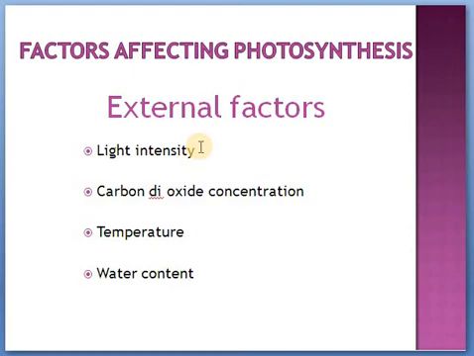Indirectly, it shows that the visible spectrum is good for photosynthesis, except one single light, green light. Green light has a wavelength of around 550 nanometer, and this wavelength is not okay for photosynthesis.